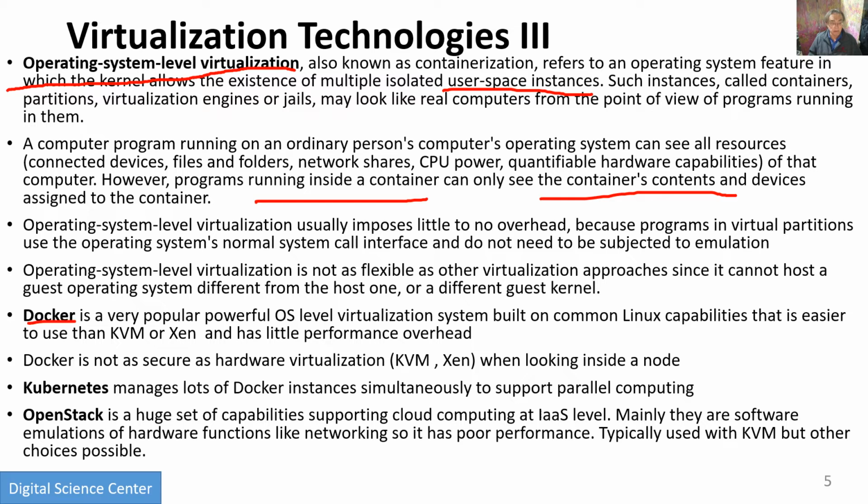So we will be using Docker, and it's built on top of conventional Linux capabilities, and it's much easier to use, and it has much better performance because everything's running in hardware. Whereas, say, when you do OpenStack, you're doing all sorts of software networking and things like that, which makes it very slow.